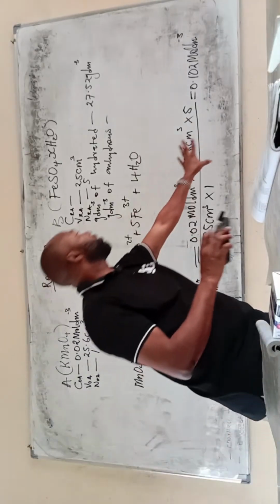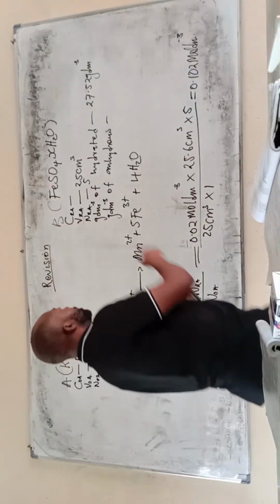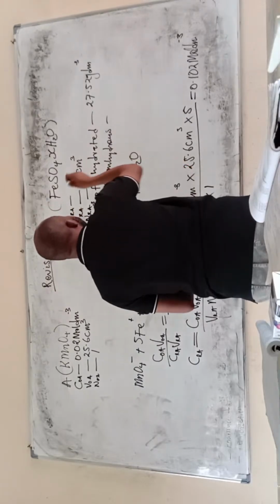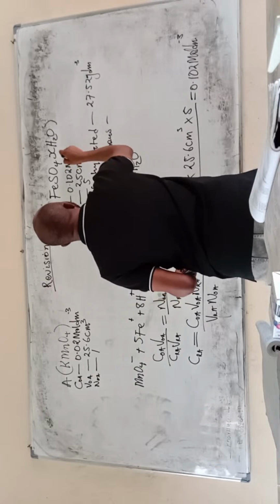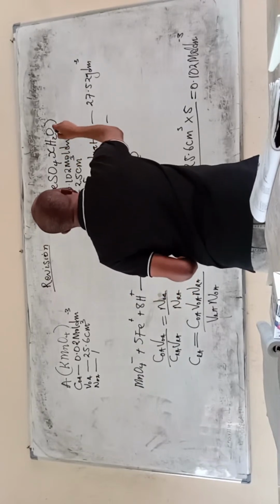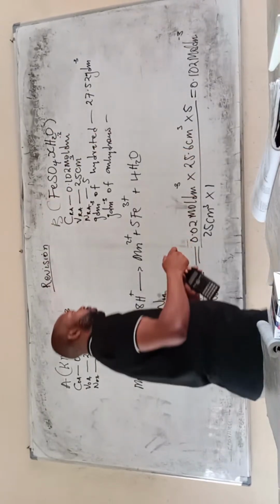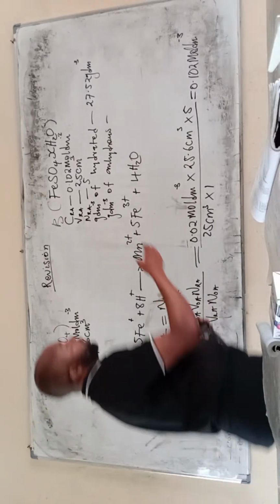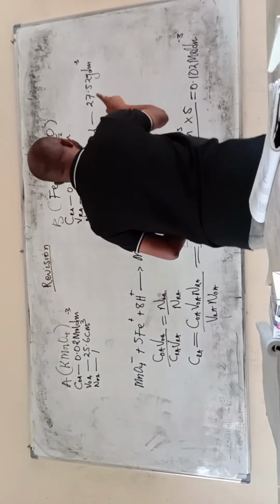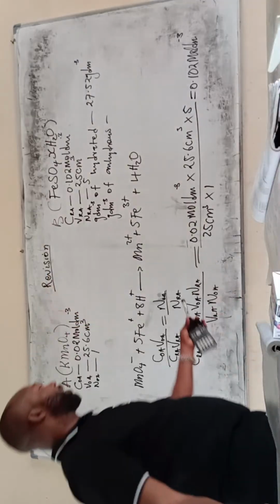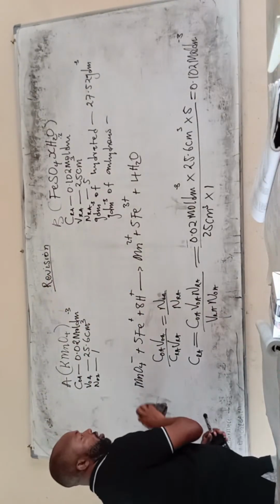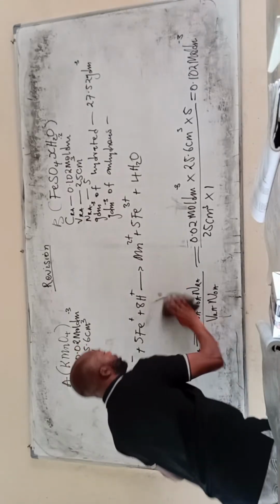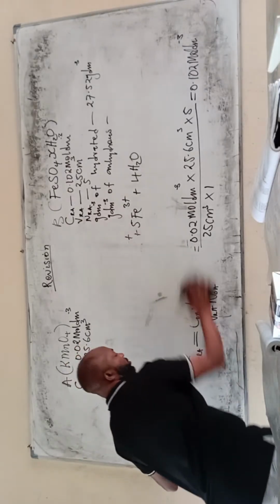Now, this is my concentration of the reducing agent, which is 0.102 mole per dm³. We are now going to look for the mass concentration of the anhydrous. So I can take this out. Let's look for the other variable before we can go all around. I can equally take this too.